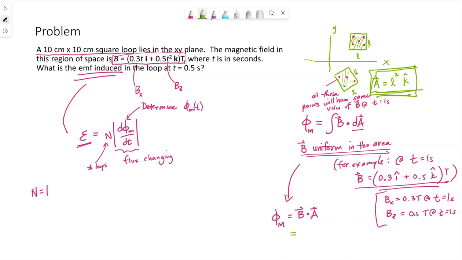Our magnetic field, we know, has an x component and a z component. The x component of the magnetic field, if I just draw a vector representing the x component, this does not pass through, because of how the square is oriented. Only the z component can pass through.